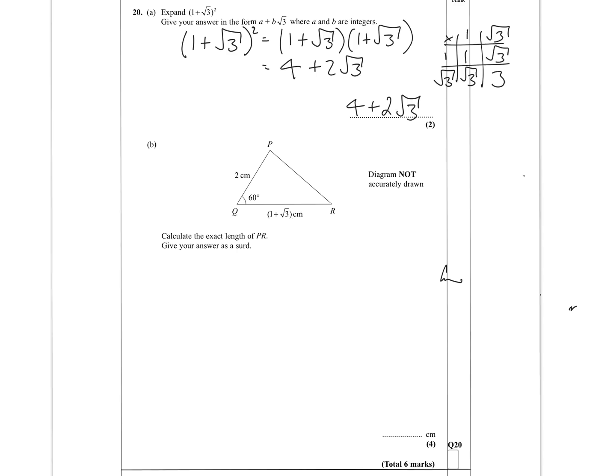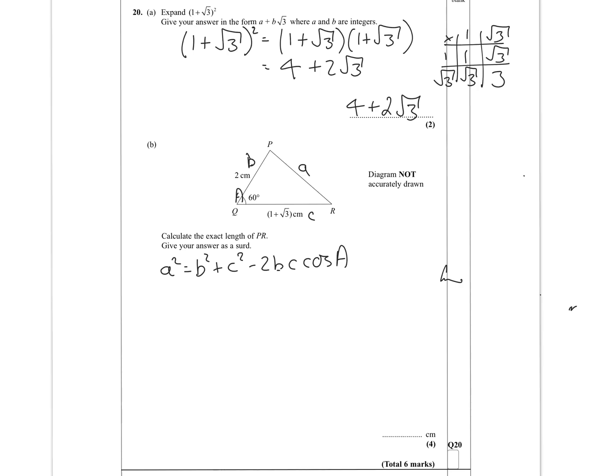It's a non-right angle triangle, so I want this length, I've got this angle that I'm going to call A, call this B and C, and I'm then going to use the cosine rule, which is on my formula sheet: A squared equals B squared plus C squared minus 2BC cos A.